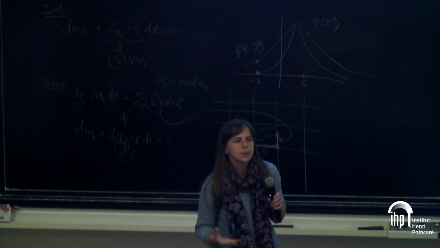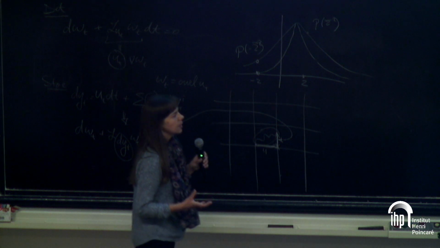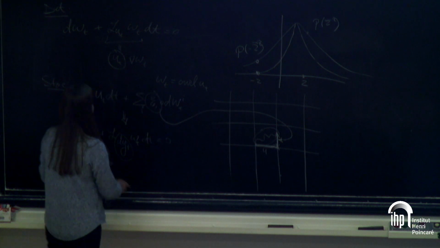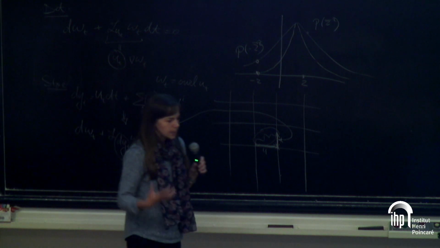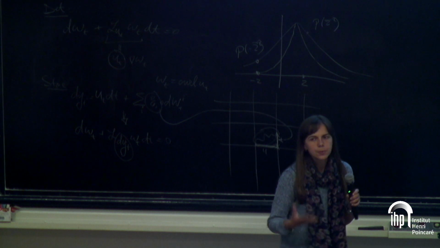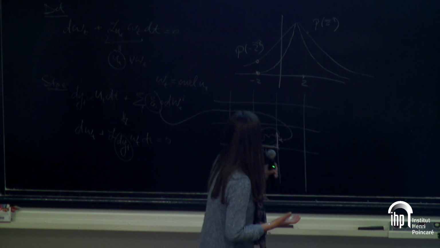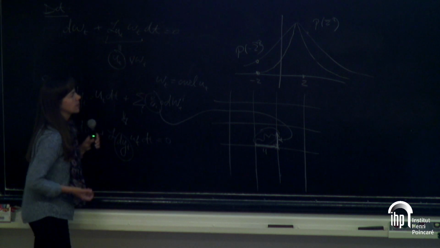So if originally we had conservation of energy, conservation of circulation, and so on, we want that after we add this stochastic term to still have these properties. And also the analytical properties like existence and uniqueness of solutions or continuity with respect to initial conditions have to be at least as good as those of the deterministic system.